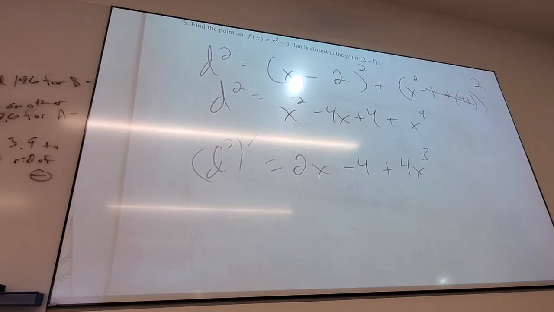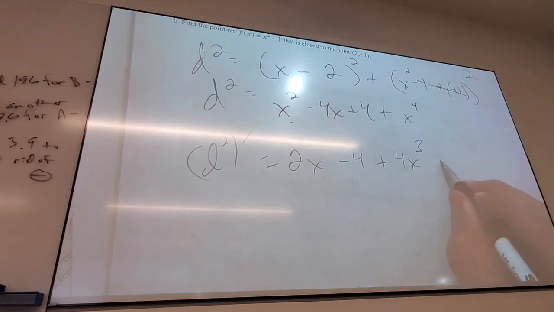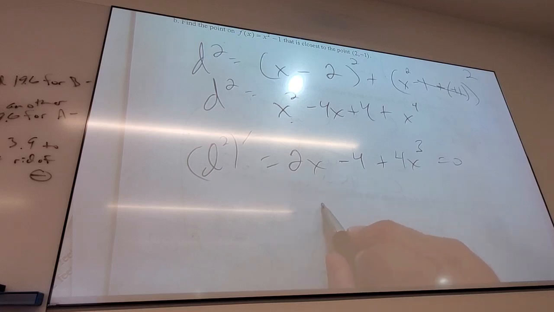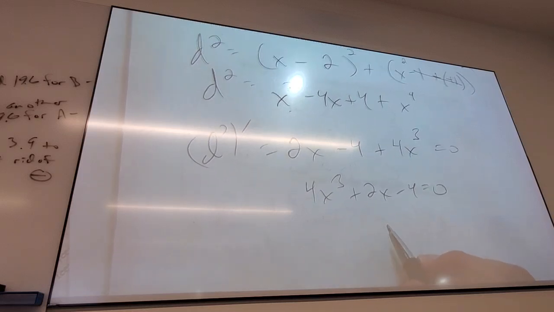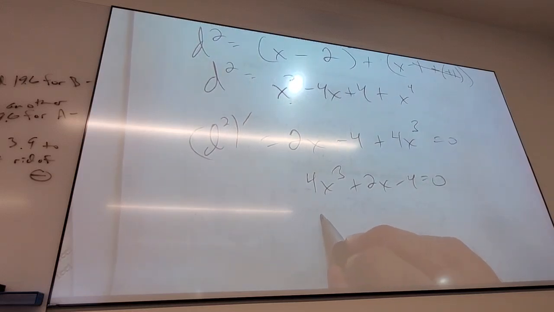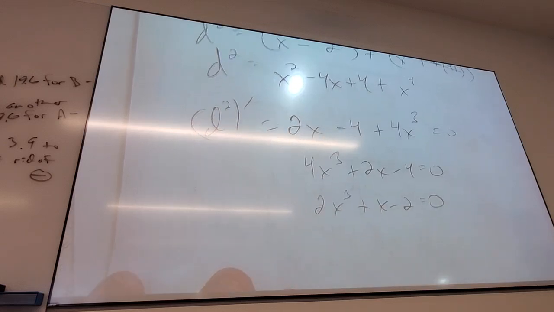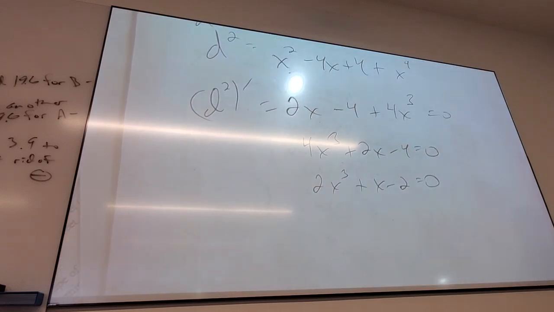And what do I want to do with this? Set it to 0. Now here's where we're going to have some fun. So we're going to divide by 2. Can I factor that easily?